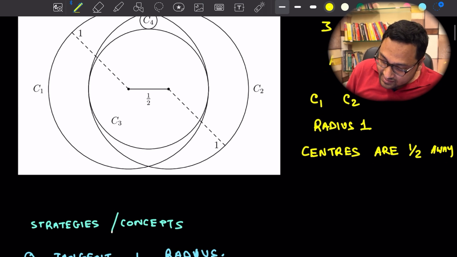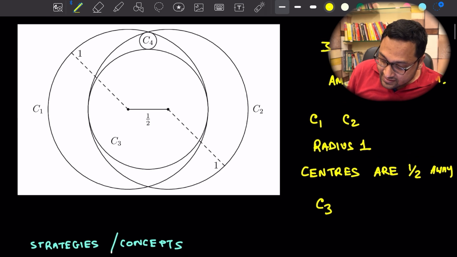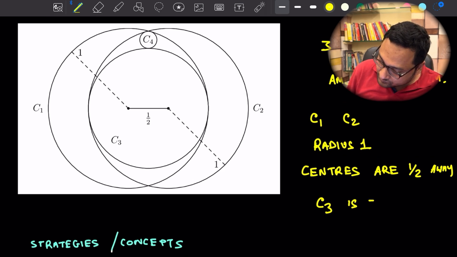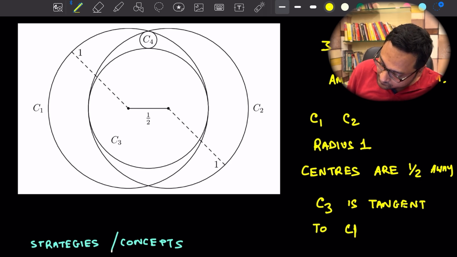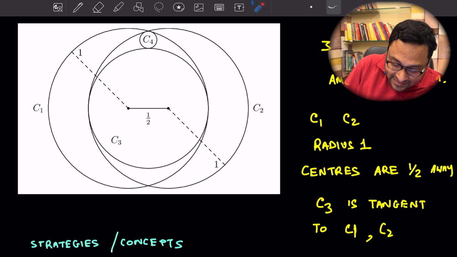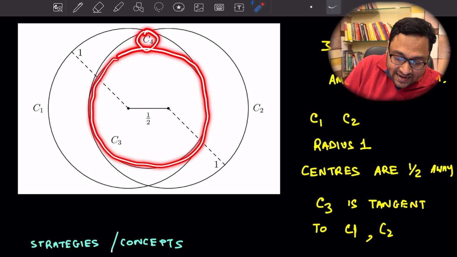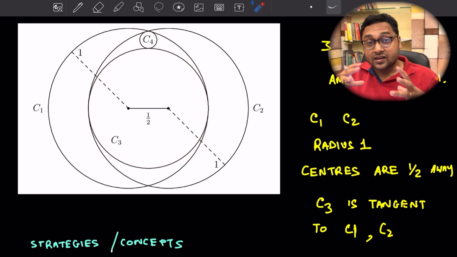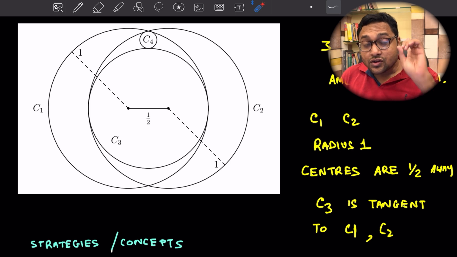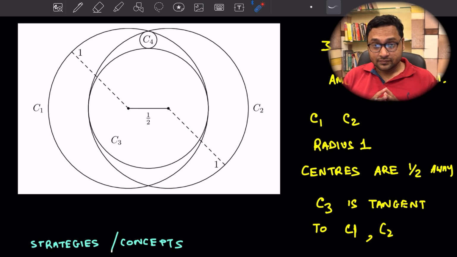C3 is tangent to C1 and C2. Just like this. And C4 is tangent to all 3 of the bigger circles. And we want to find out the radius of C4.